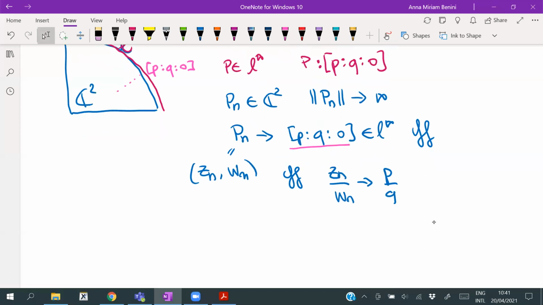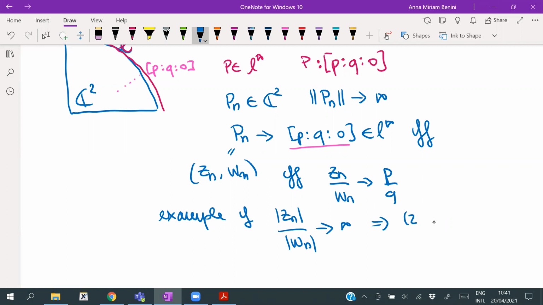So for example, if the modulus of Zn over the modulus of Wn converges to infinity, then your points Zn, Wn converge to P over Q with modulus of P over modulus of Q going to infinity.